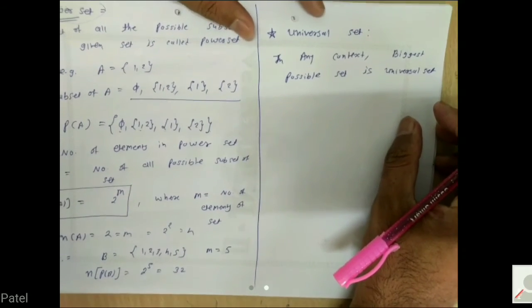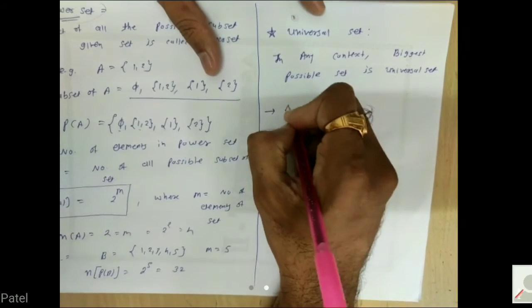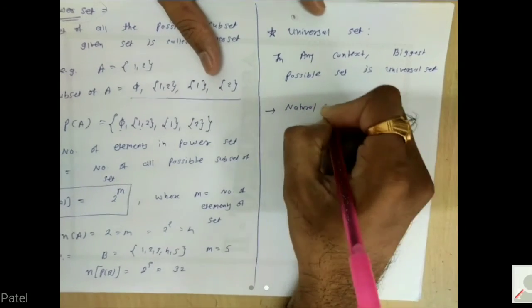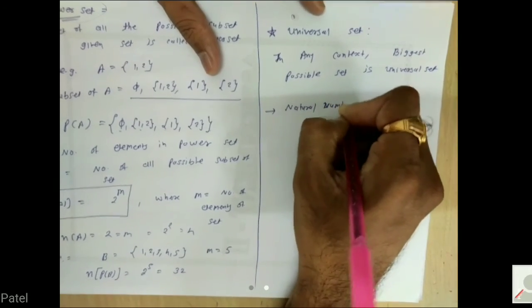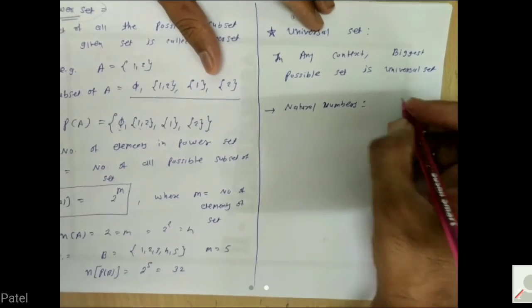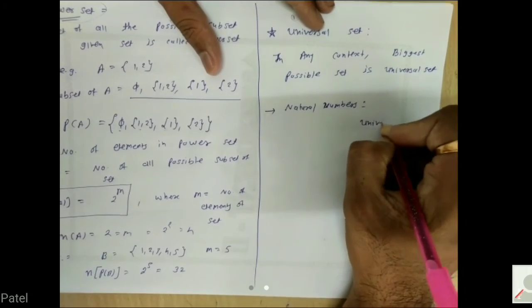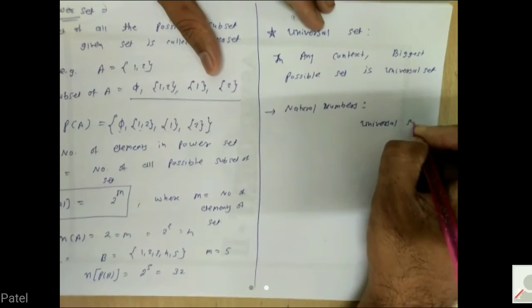Suppose we are discussing the natural numbers. So for natural numbers, what is the biggest set? The universal set can be the whole numbers.